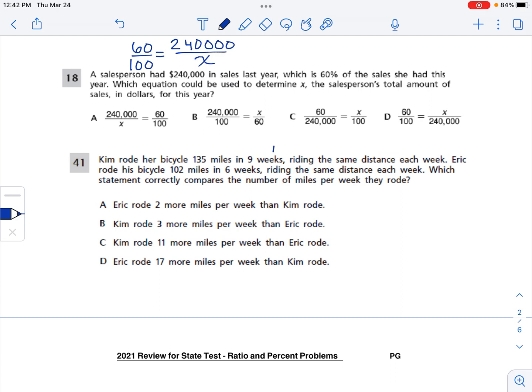So which one of these matches here? And that would be option A. And I know the two ratios have been switched, right? But I notice the 60 is over 100, just like we have here, and the 240,000 is over X. So option A.